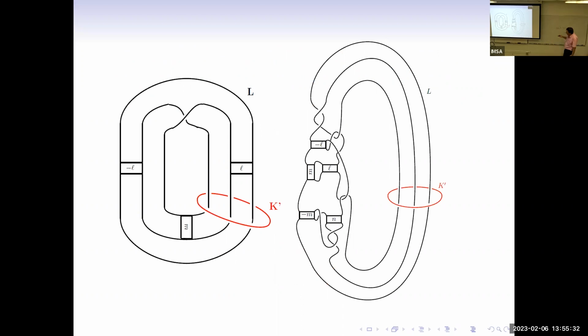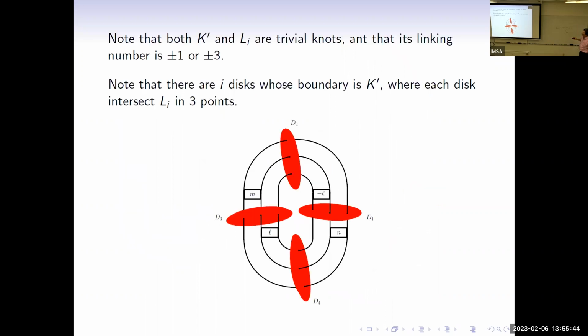Okay. This is also a trivial knot. But now the fact is that here both K prime are trivial knots and the linking number is 1 or minus 1 or minus 2, because there is this intersecting disk.